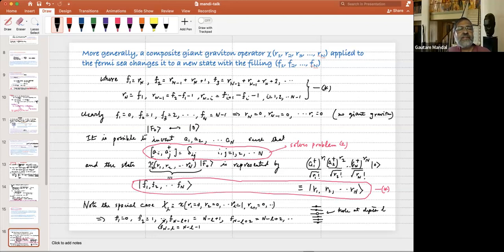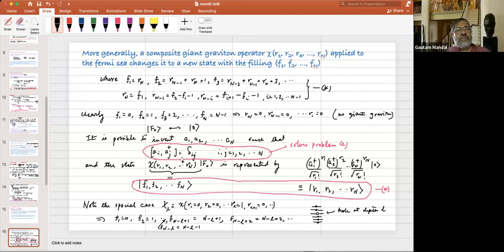And so this state is represented by F1, F2, Fn, and on the bosonic side, I can construct these A's in such a way that R1 giant gravitons of angular momentum 1 is given by A1 dagger to the power R1, then A2 dagger to the power R2, etc., all the way up. By standard convention, I will call them R1, R2, Rn. So the map between the Fi's and the Ri's is given by this.